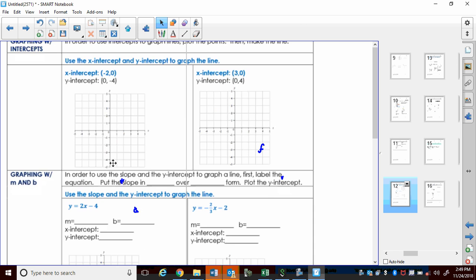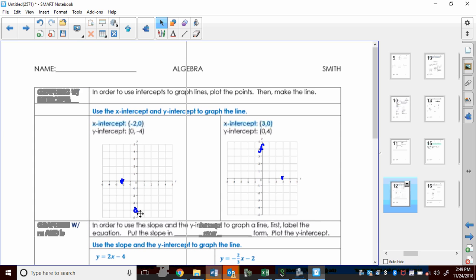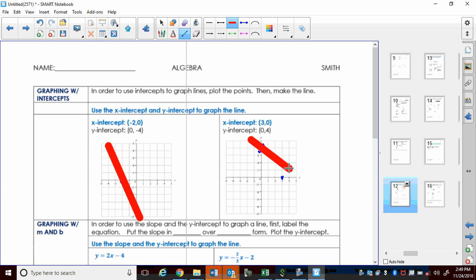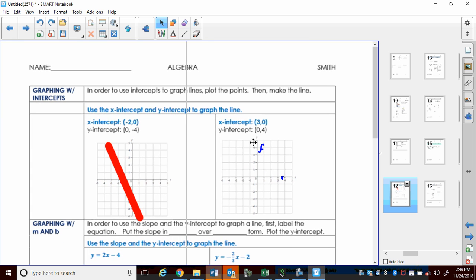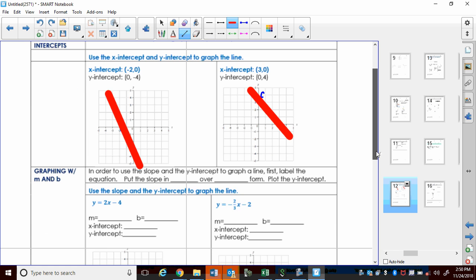Oh, my bad. There you go. Connect those 2 dots to make the line. So there's one line, and here is the other. Here we go, all done.